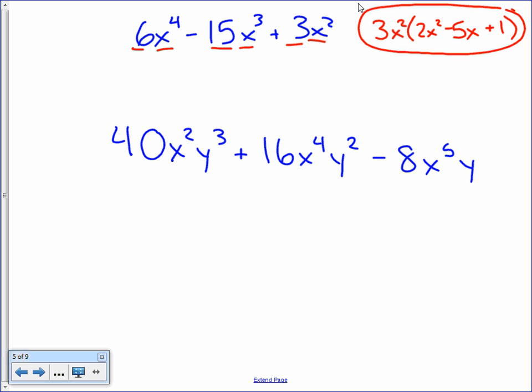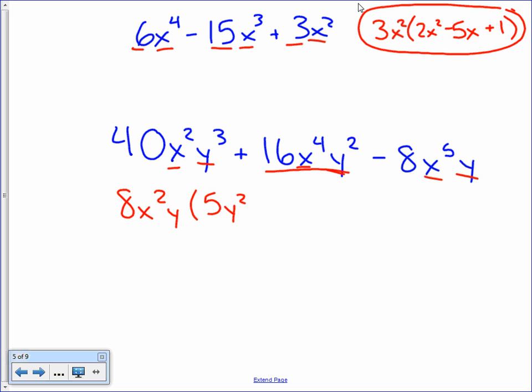And the last of this kind here, I got 40, 16, and 8. I can actually divide 8 out of all three of those. And looking at the x's, what's the lowest power? That's x squared. Y to the third, y squared, and y. What's the lowest power? That'll be a y. 8 times what will give me 40? That'll be 5. I don't need any more x's, but I need a y squared, though, to give me that 3.